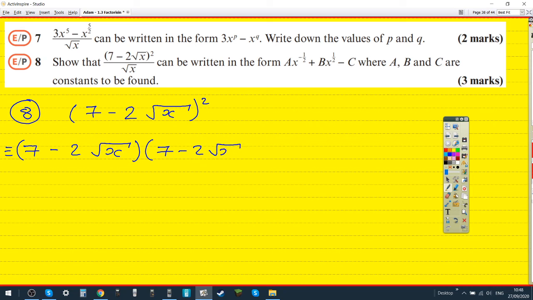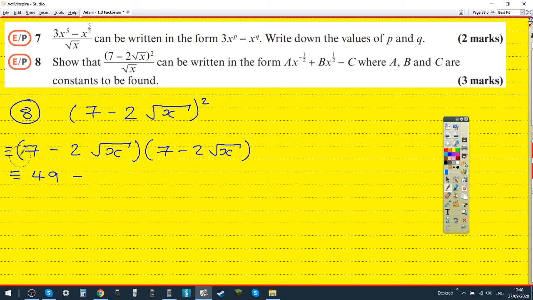Then you expand it. So it'd be 7 times 7, 49. And then minus 2 square root 7x.